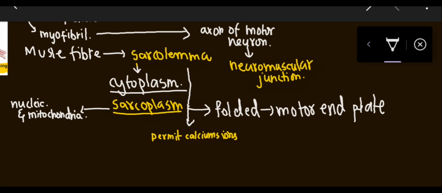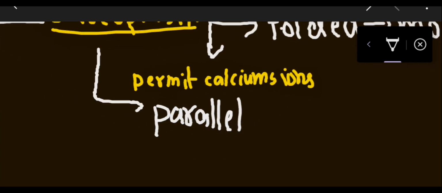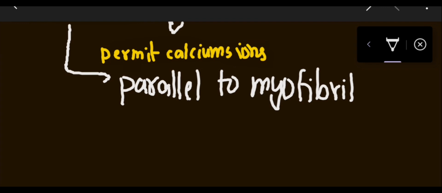Now, within this sarcoplasm, a membrane is present which runs parallel to the myofibril. इस सार्कोप्लाज्म के अंदर, साइटोप्लाज्म के अंदर एक मेम्ब्रेन होती है जो पैरेलल टू myofibril रन करती है. That membrane is known as sarcoplasmic reticulum.